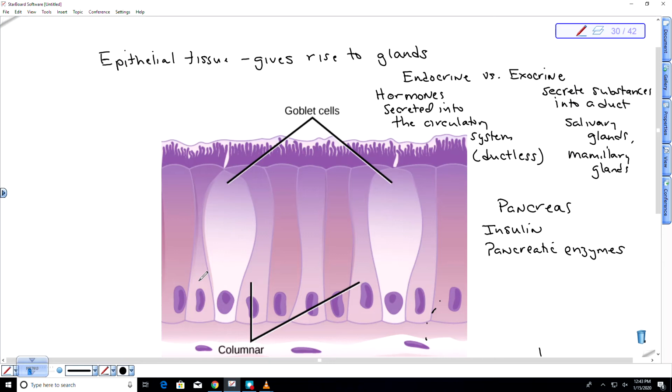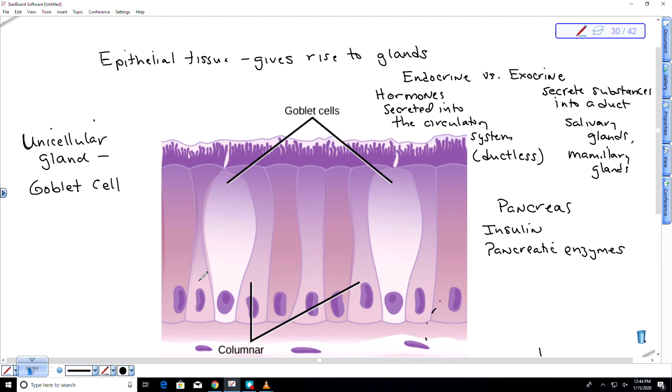Okay, so we actually have an example in this diagram of what is referred to as a unicellular gland. And this is called a goblet cell. It's called a goblet cell because of the way it looks.